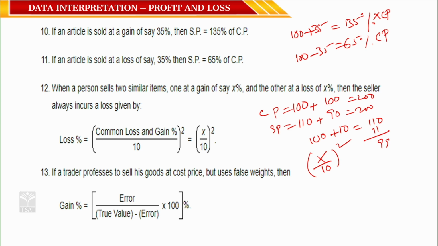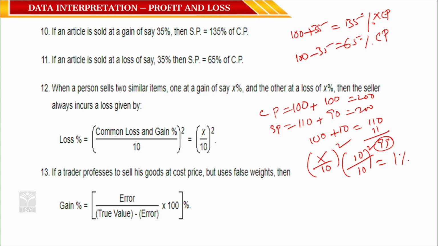This is the loss percentage. So, what is the given information? x is 10%, here you have to take 10%, correct. So, 10 by 10 whole square means 1%. So, here loss percent is 1, is it correct or not? Here 99 rupees means how much loss you got? 1 rupee, that is 1%, that is it.